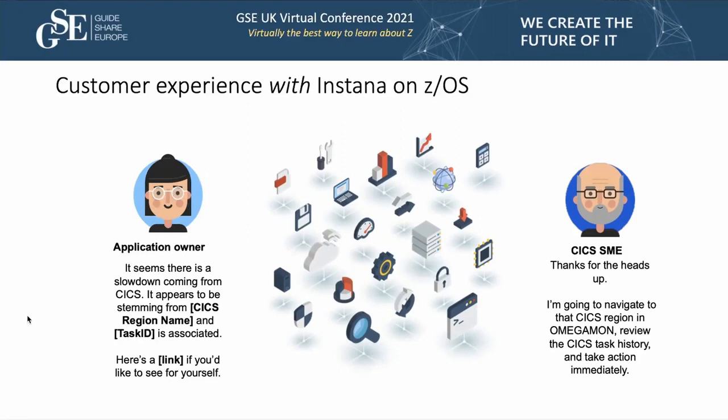But when we see the problem stemming from the mainframe, we can have a much greater level of visibility that, okay, this time the problem is in CICS, and she'll be able to reach out to the appropriate SME straight away, not calling in others, and potentially give a head start on where the problem is located, because she may have some identifying details, such as a region name or a task ID or a user ID that is being impacted or is part of the symptoms.